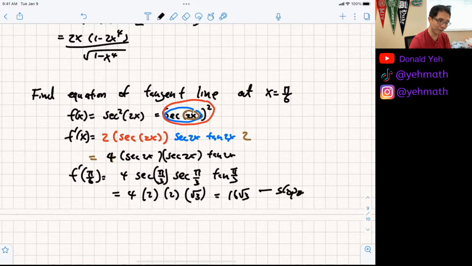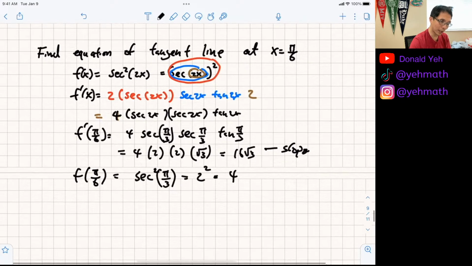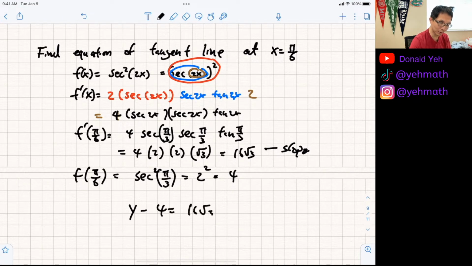But I still need the y value, so it's f of pi over 6. So it'll be secant square of pi over 3, and that's equal to 2 squared, which is 4. It has a really nice answer. Y minus 4 is equal to 16 square root 3 times x minus pi over 6. And there we go, the equation of the tangent line for really difficult questions.